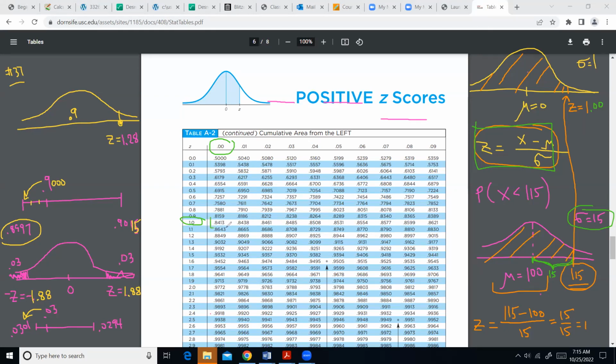So this is my area. It came from the tables. It is equal to 0.8413, and this is exactly what we need, because they want the area from the left to z, so that's exactly what the tables gave us.